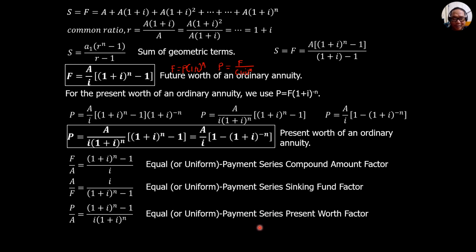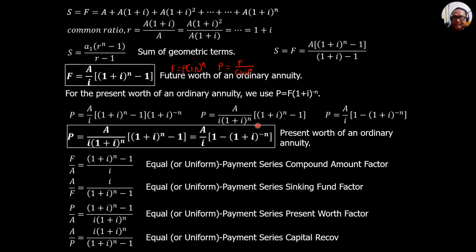And the reciprocal of this, which is i times 1 plus i to the n over 1 plus i to the n minus 1, or simply A over P, the other way of getting the reciprocal, is i over quantity 1 minus quantity 1 plus i to the negative n. We call that the equal or uniform payment series capital recovery factor. So take note of these terms and formulas. We need that.